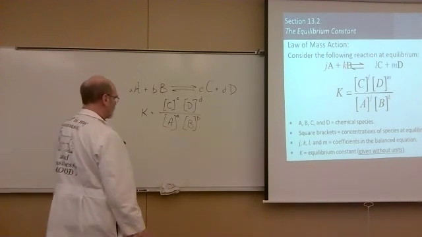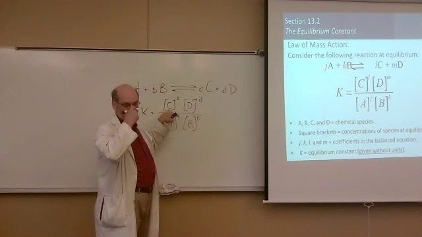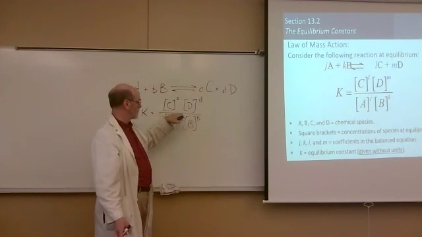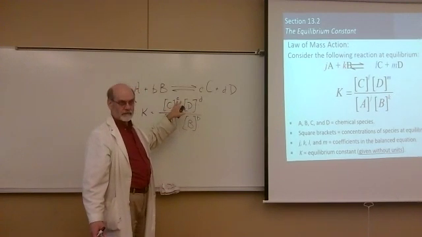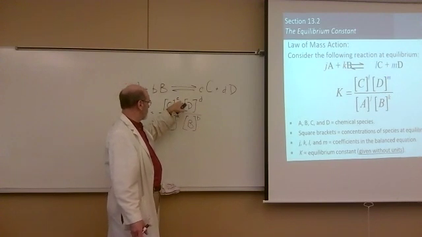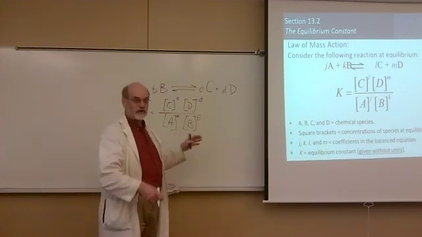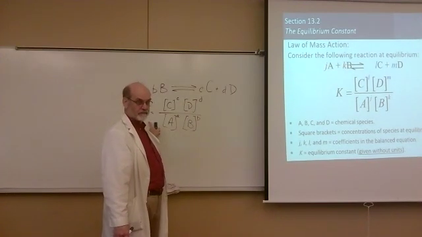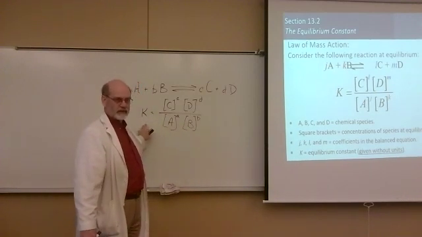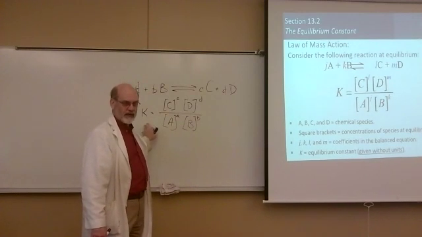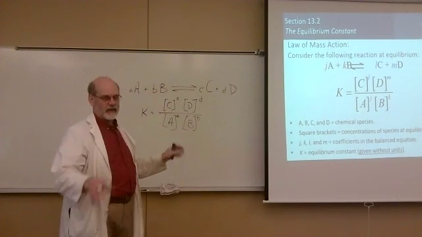Now, we know that these have concentrations, for instance, molarity. But since these powers can be almost anything, the powers of a concentration could give you an extremely complex unit of measure for this K. So typically, the K values reported in the literature or in reference manuals will not have units because they're so complicated.